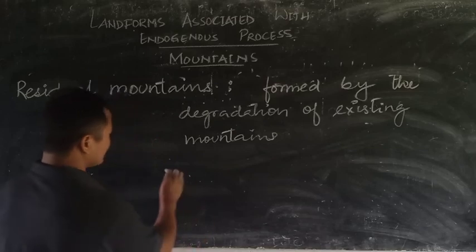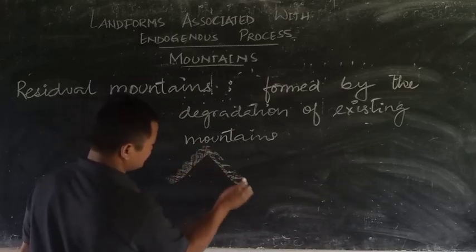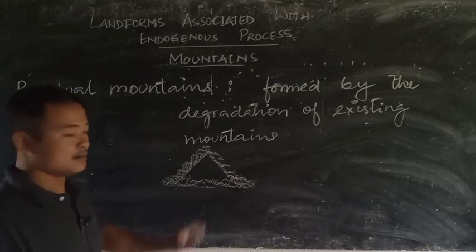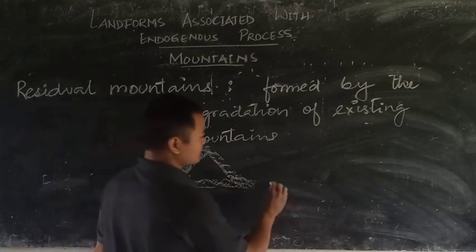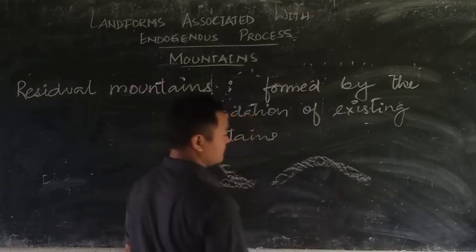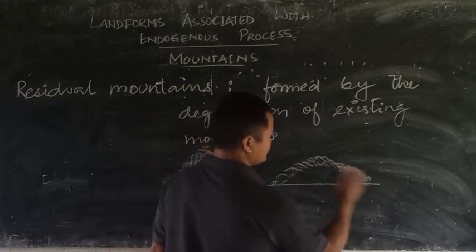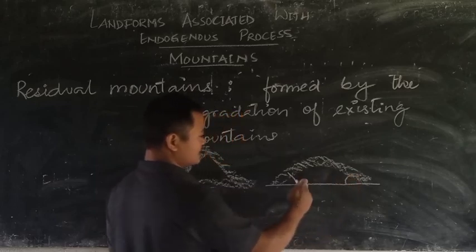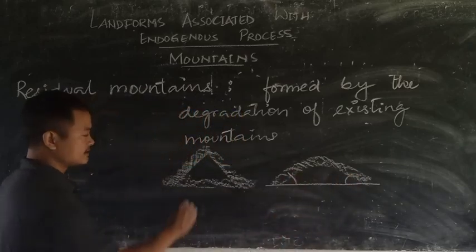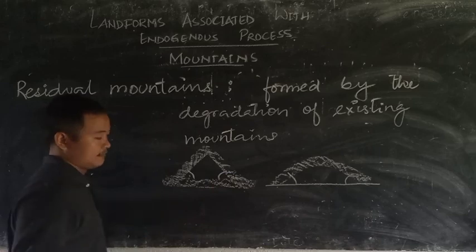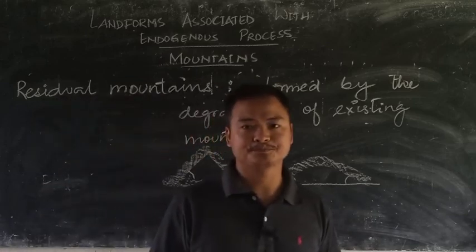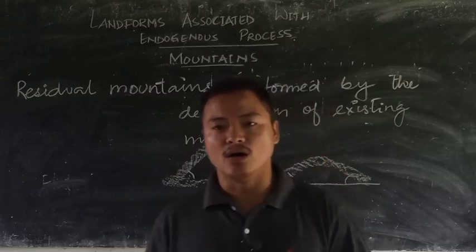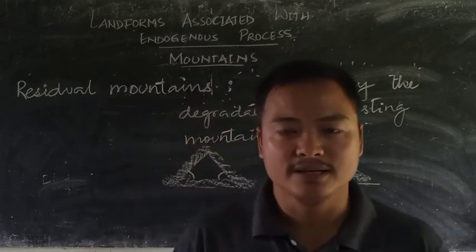For example, if we see this mountain as quite steep and pointed, the residual mountains have more of a rounded top and a gentler slope. If you see the angle here, the angle is lesser compared to the angle formed here by the limbs of the mountains. So these mountains are also known as relict mountains or mountains of denudation.